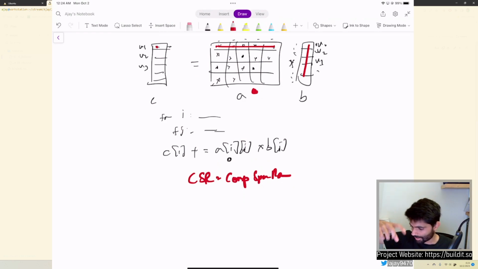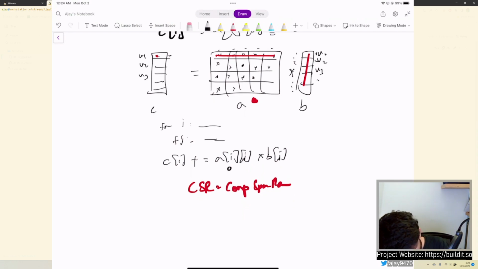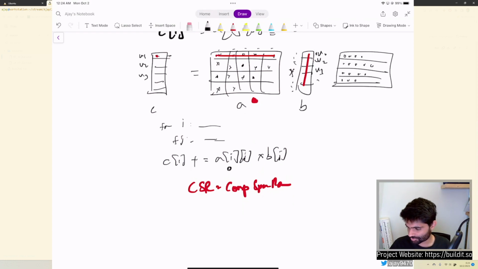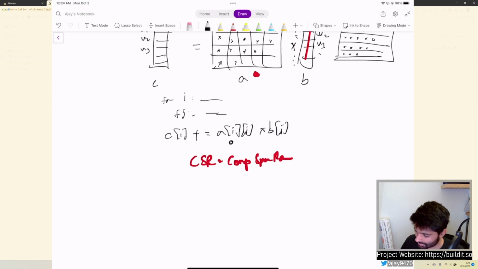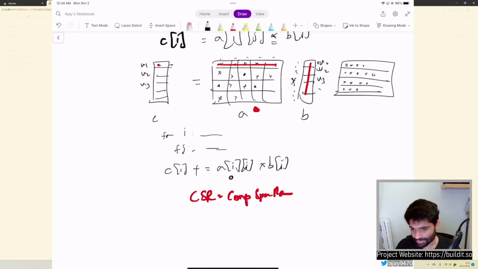So instead of a two-dimensional grid, it's stored as a set of rows where the non-zeros are stored together, depending on how many non-zeros each has, just like we had done with the vector. I'm not going to get into why this is used and what benefits it has, but trust me, it's one of the most commonly used representations for sparse matrices. And that's what we're going to do.